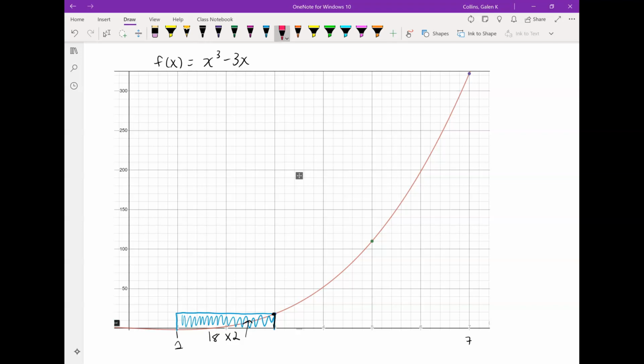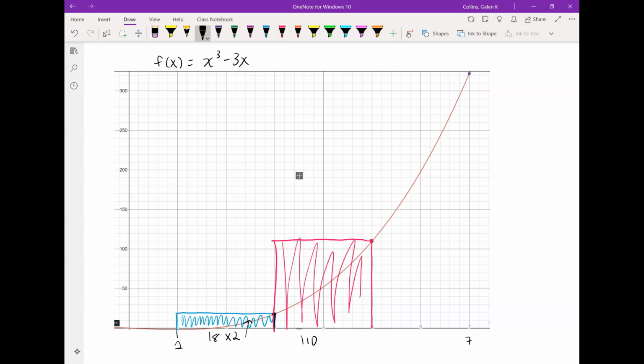So then our next one was f of 5. So this is our next rectangle. And we said f of 5 was 110. So when we find the area of that rectangle, that's 110, the height of the rectangle, times 2, the width. And then that very last one from our table is f of 7 times 2.